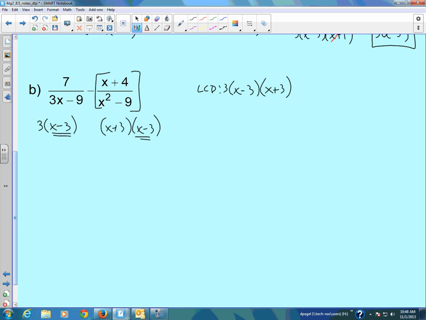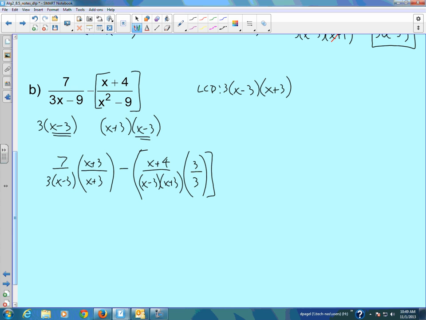All right. So this one's missing the x plus 3, minus, brackets, parentheses, whatever, x plus 4 over x minus 3, x plus 3, and this one is missing the 3.